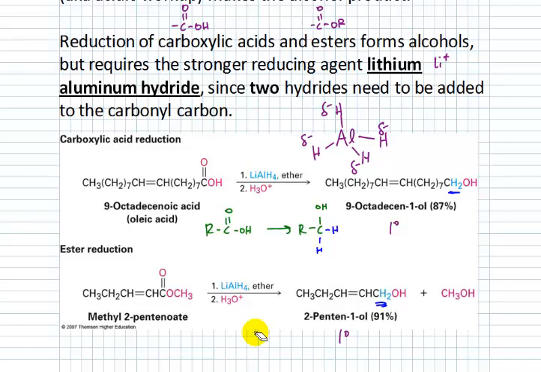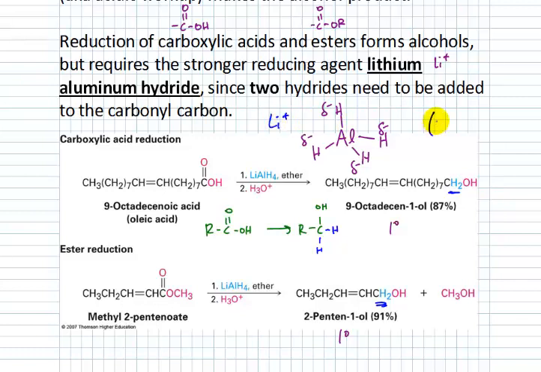So we need a more powerful reducing agent in order to add both of those hydrogens. And when we get to the chapters on carboxylic acids and esters, we'll go in much more detail about the mechanism of that. So just know that you need the more powerful aluminum reducing agent, right? Lithium aluminum hydride. If you want to call that LAH, you can. Right? We have Li plus, AlH4 minus.